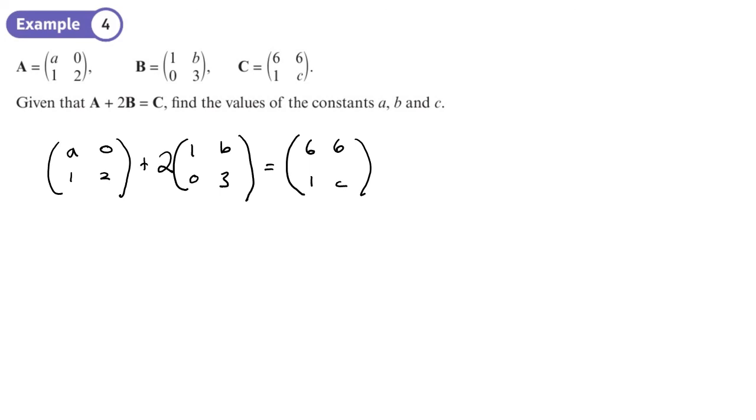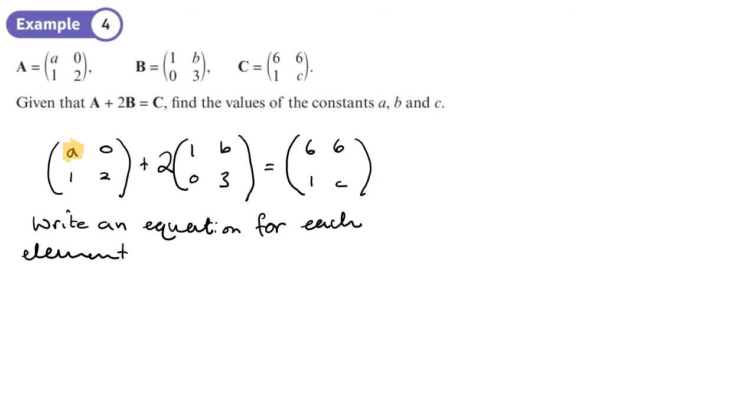Right, so we're basically going to write an equation for each element. So let's start with the first element, which is this one, 2 lots of this one, and this one. To make that really easy, I'll just write A, 0, 1, 2.